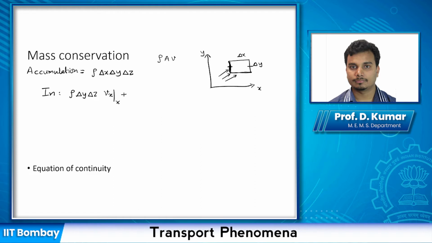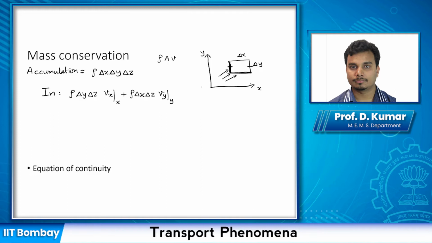Similarly, if you look at this surface here, then you have density. Here your area is delta x, and then you will extend it to delta x and delta z, and then you will have some Vy. Again, you are taking the dot product, and that you can say at y.